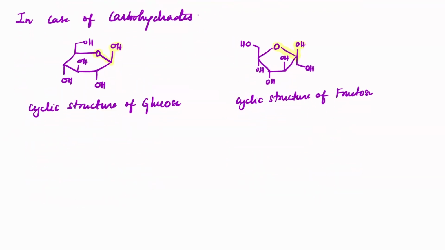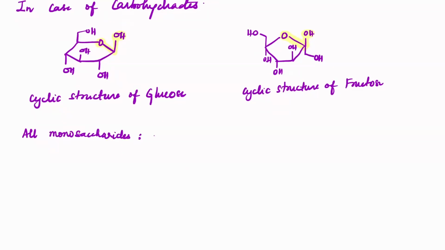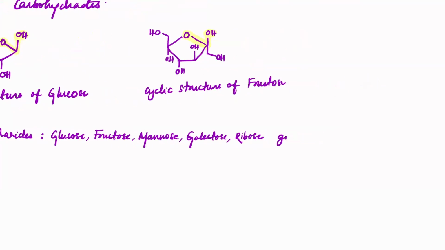So therefore, all monosaccharides, meaning the sugars which cannot be further hydrolyzed, like glucose, fructose, mannose, galactose, ribose, give positive Tollens, Fehling's, and Benedict test.